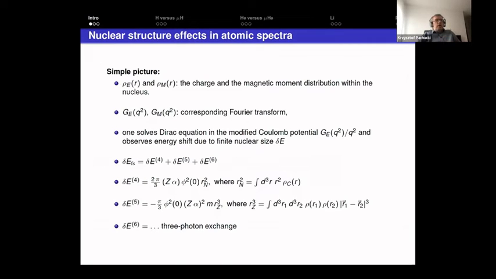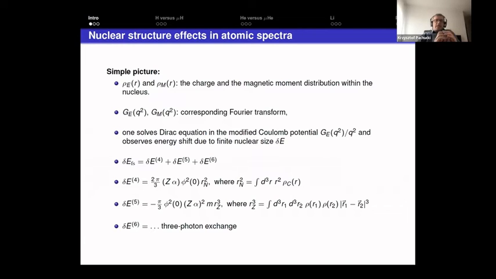They are almost negligible for light atomic systems. For heavier atomic systems they are no longer negligible, but for muonic atoms they are essential. Simon, in his previous talk, mentioned the two-photon exchange, which is in German C5, and it has a significant contribution.